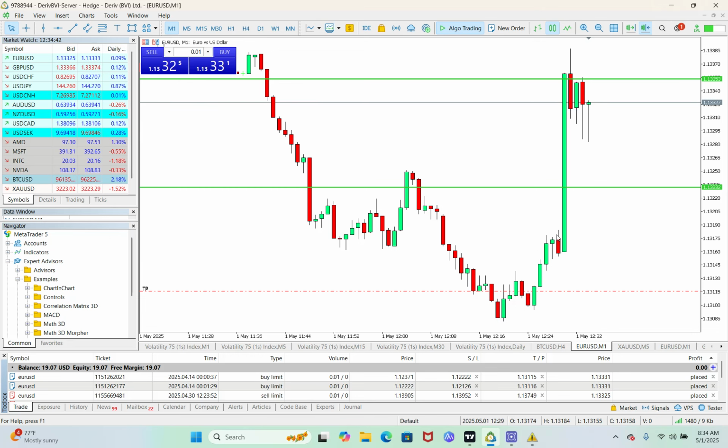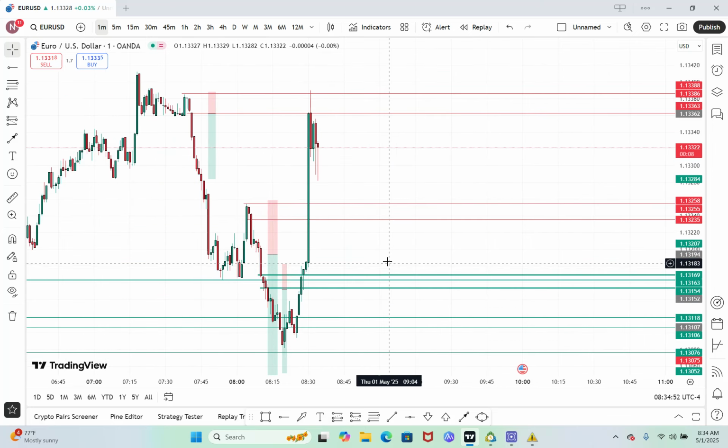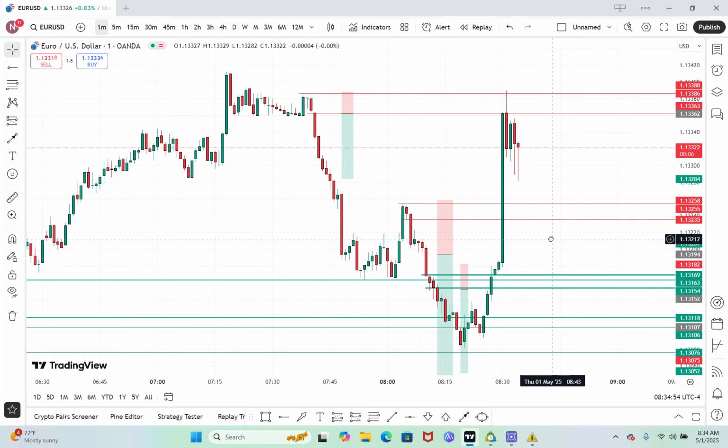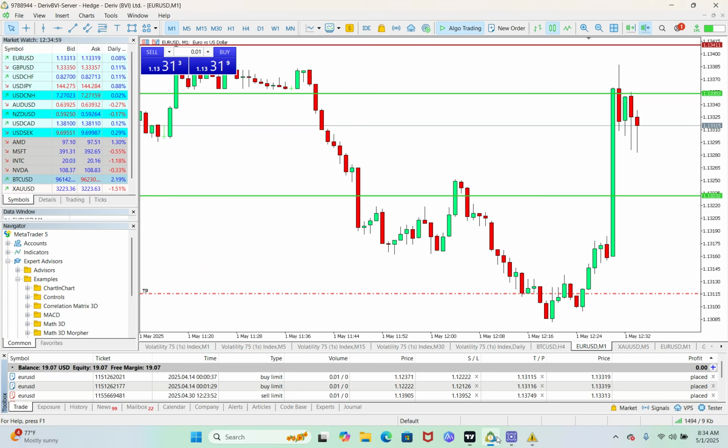So I'm going to look to take a buy right here, in case the market comes back to this area and we can get another push to the upside. So let me put it in on TradingView. Oh wow, that is beautiful. Magnificent.